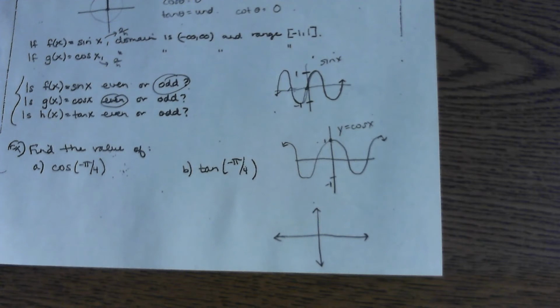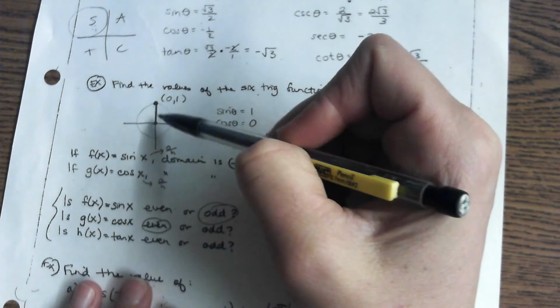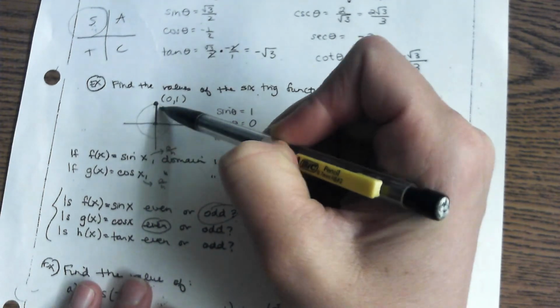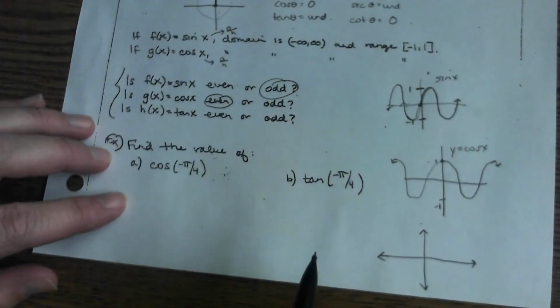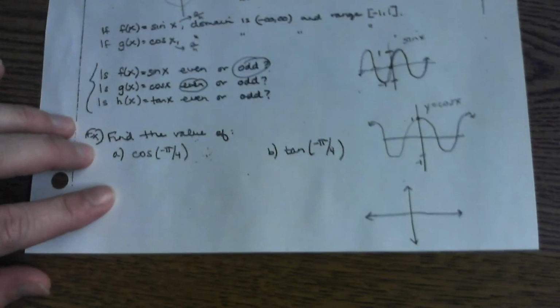Right. Can't be on the y-axis. So a pi over 2, or a 3 pi over 2, or a 5 pi over 2, or a 7 pi over 2. So odd integers times pi over 2 will be a problem.